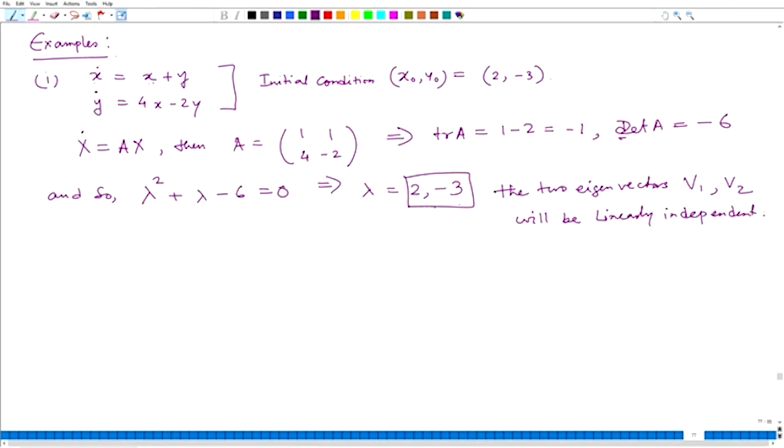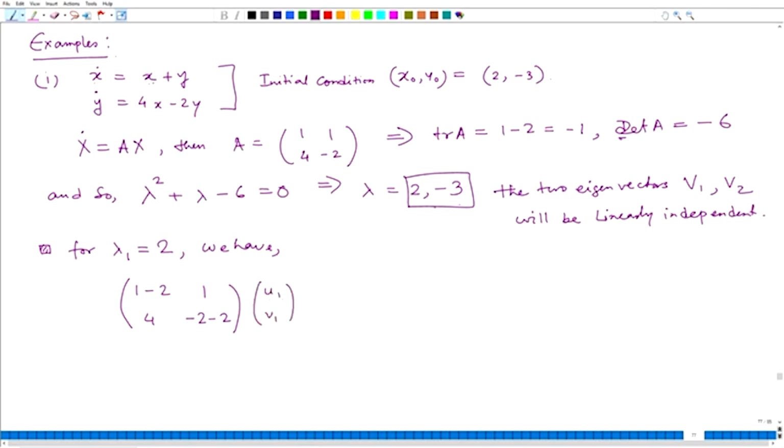Now let us find the eigenvectors, for lambda 1 equal to 2 and lambda 2 equal to minus 3. We have A minus 2 I, that is [1 minus 2, 1; 4, minus 2 minus 2], times u1 and v1.